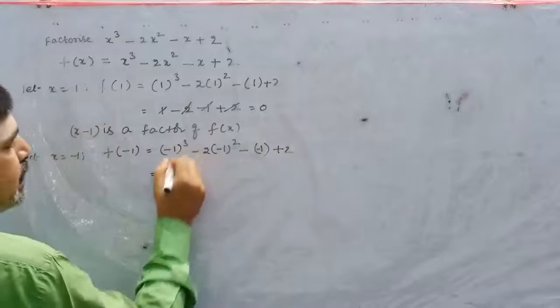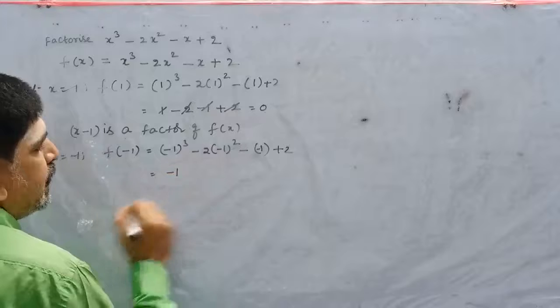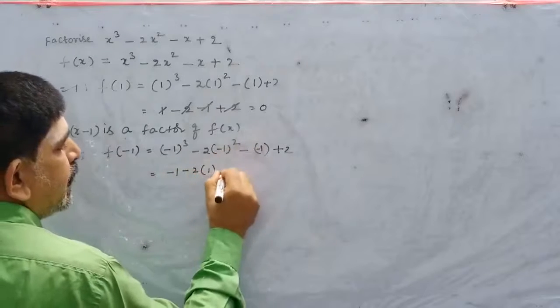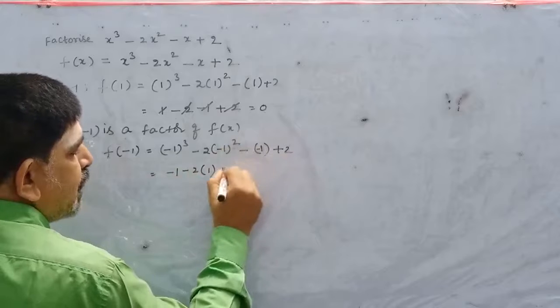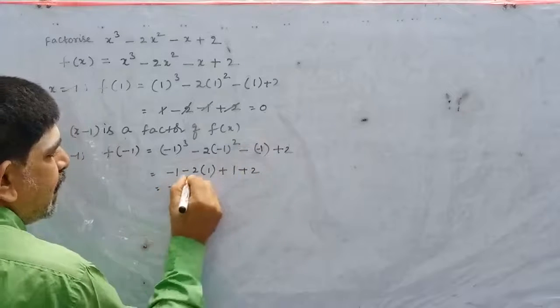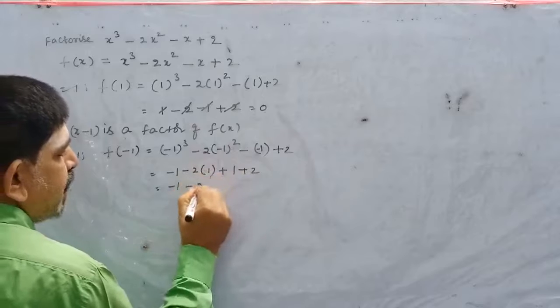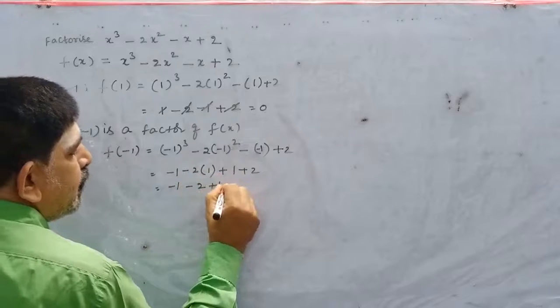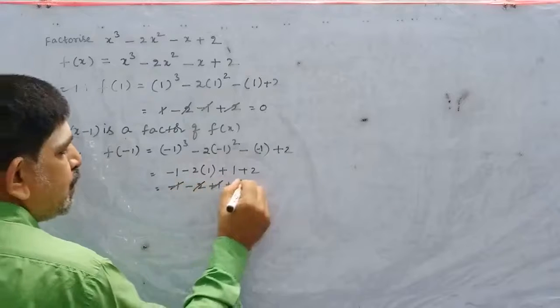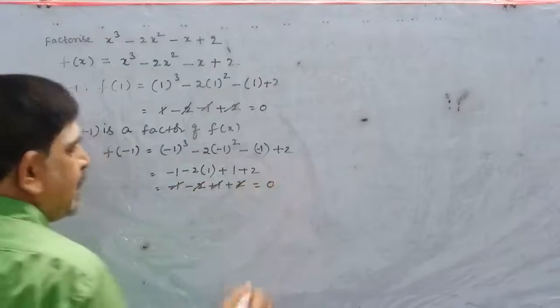So this is equal to minus 1 minus 2 into 1 plus 1 plus 2, which is minus 1 minus 2 plus 1 plus 2. Now minus 1 plus 1, minus 2 plus 2 cancel, 0.